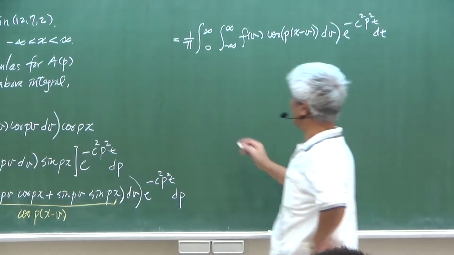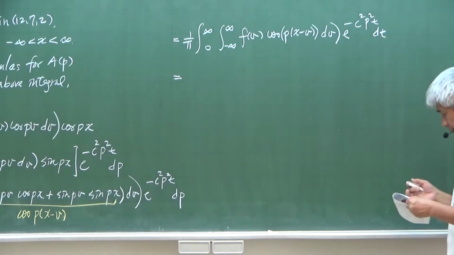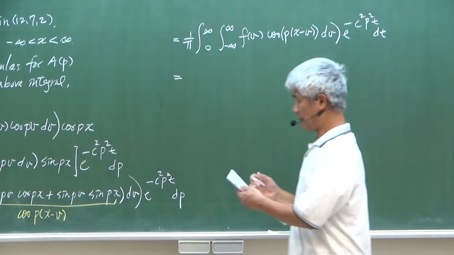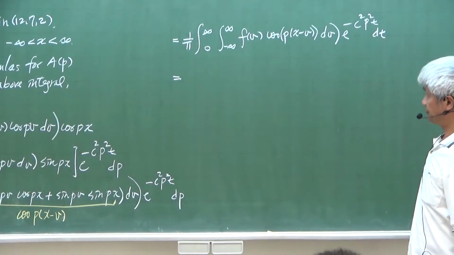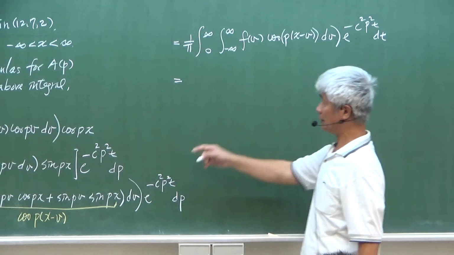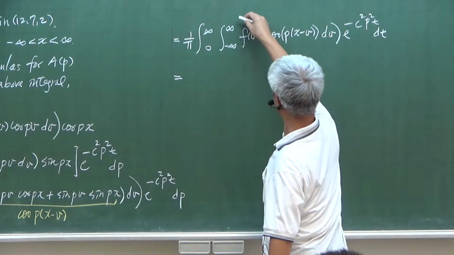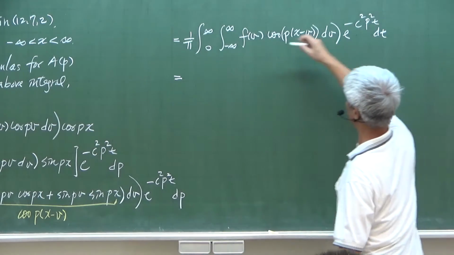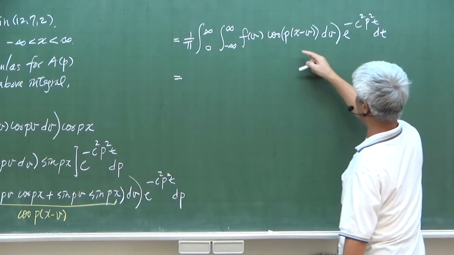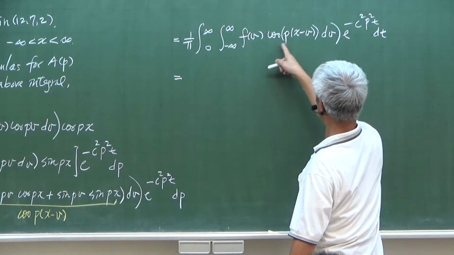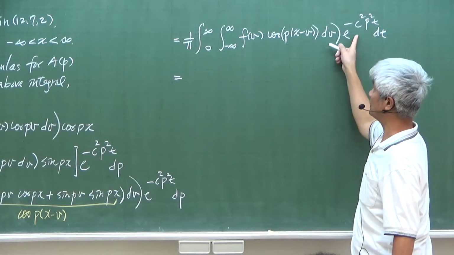And we can exchange the order of integration, as I mentioned, by Fubini's theorem. If we take the absolute value, we know that this is at most 1, and this is at most 1.